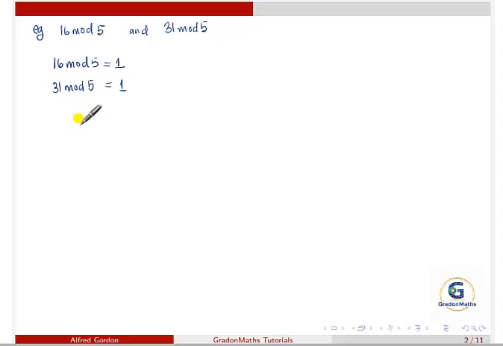Now we can see that both evaluations of 16 mod 5 and 31 mod 5 result in the same remainder.